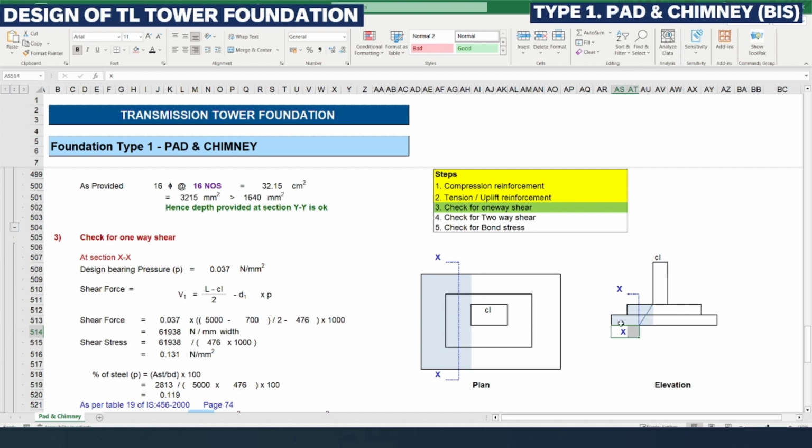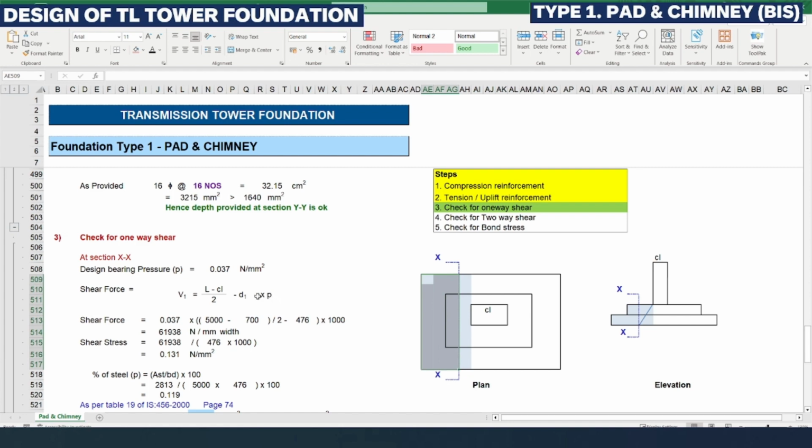D1 is the effective depth at XX. So this is the effective span we need to consider for the shear force calculation, so we need to deduct D1 from that. The effective shear force distance will occur somewhere here.